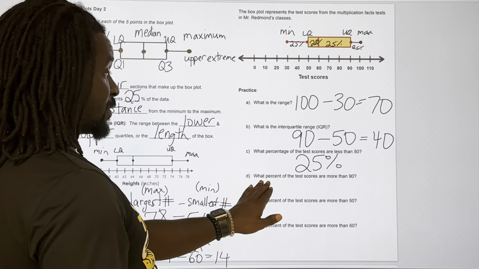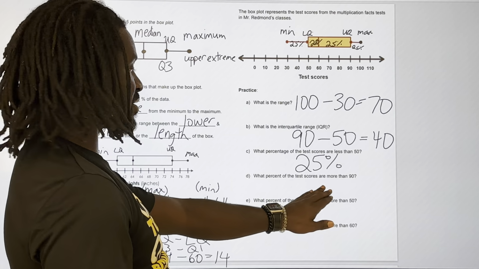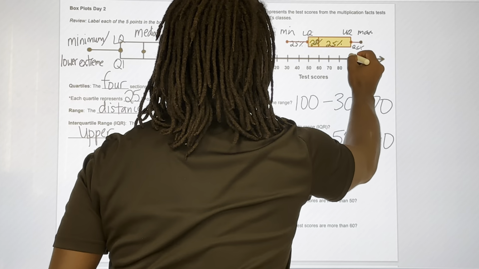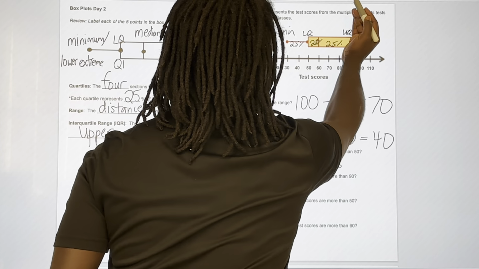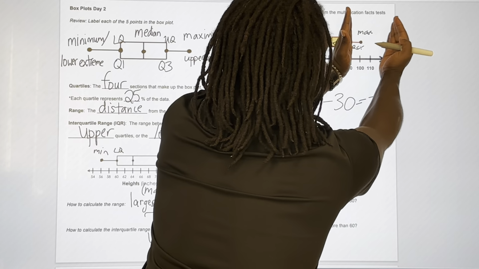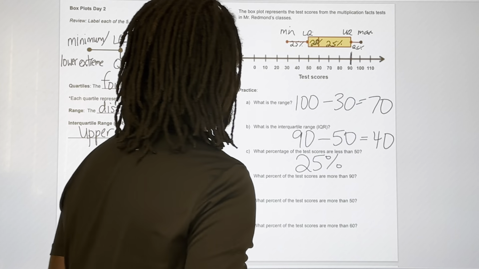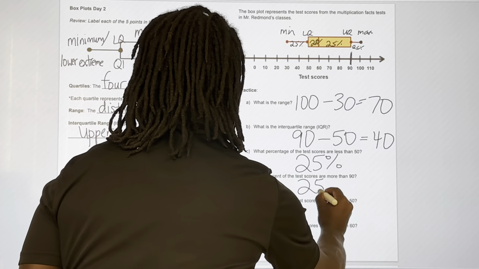The next question says, what percent of the test scores is more than 90? Well, I go to 90. How much of the box plot is above the 90? That's just 25%.